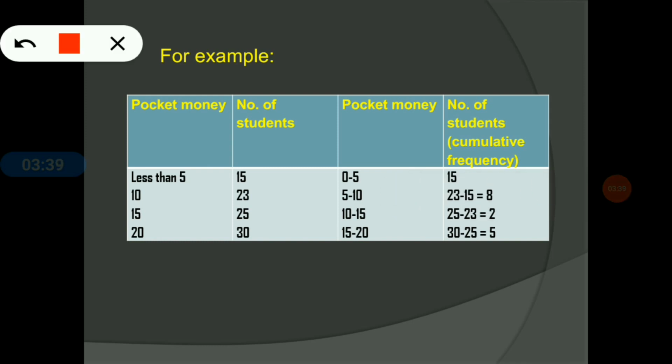So this is the conversion into the simple frequency series. For the first class, the cumulative frequency and the simple frequency are both the same, because there is no previous class.